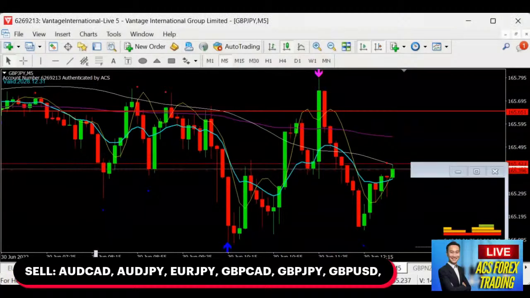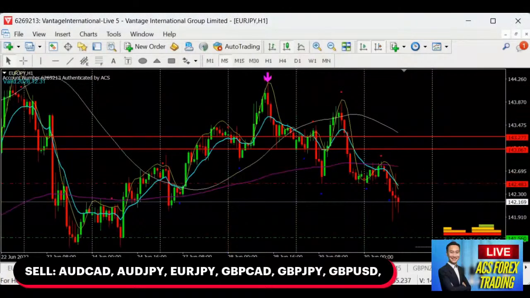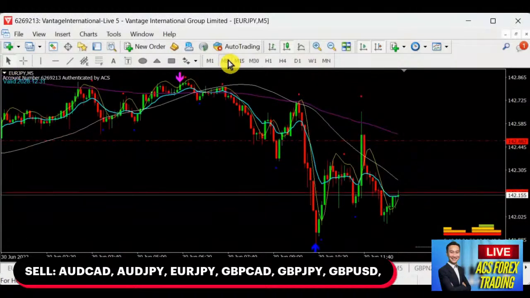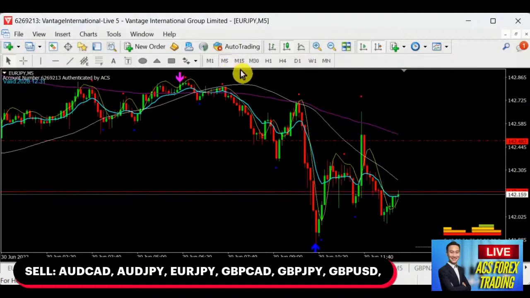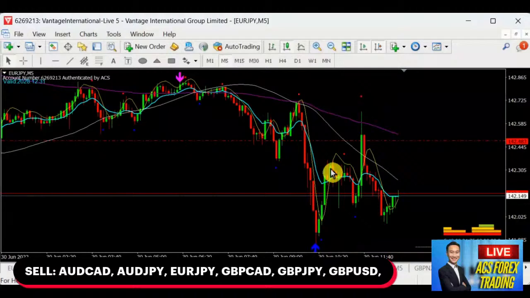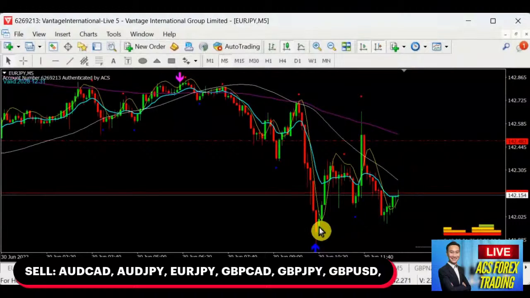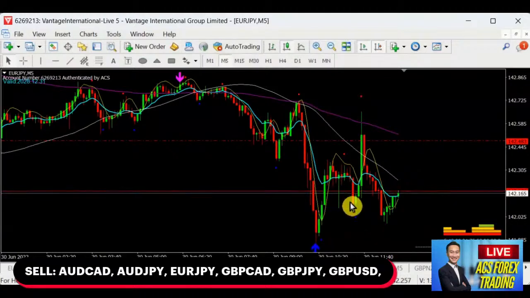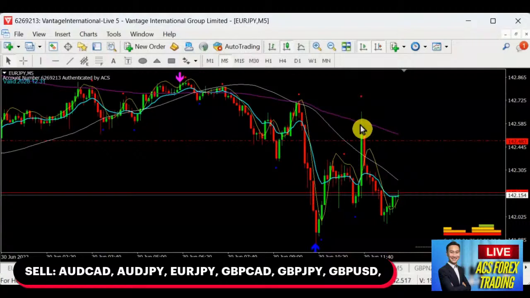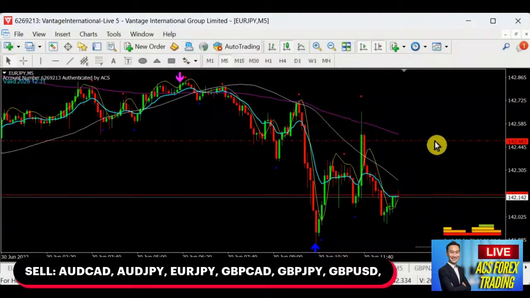Sorry, euro yen. What is it about euro yen? Euro yen right now. Wow, this part here, this euro yen at this point here. As you can see, from this level and up to here, for euro yen is actually right now the resistance.